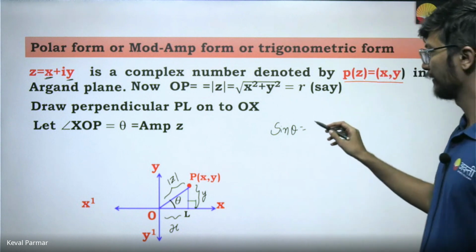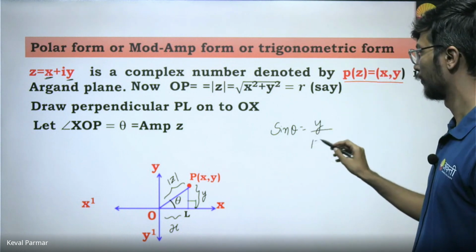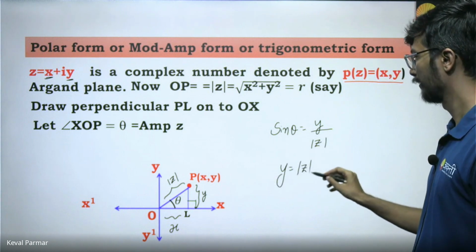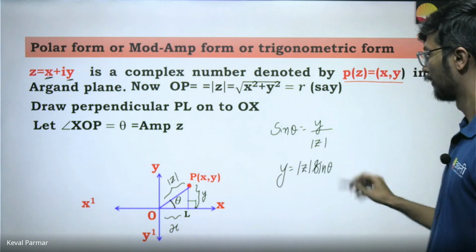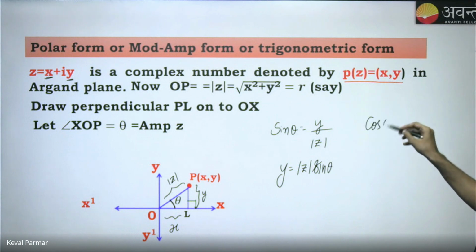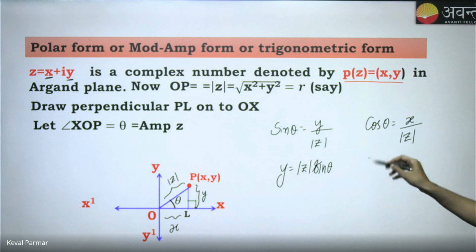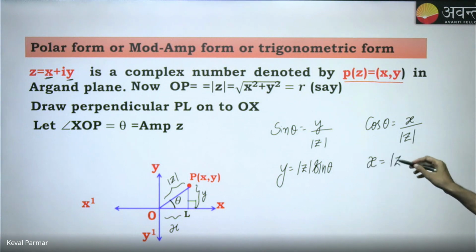So I can write y as modulus of z sine theta. Similarly, what is cos theta, guys? Cos theta is x upon modulus of z. So x is modulus of z into cos theta.